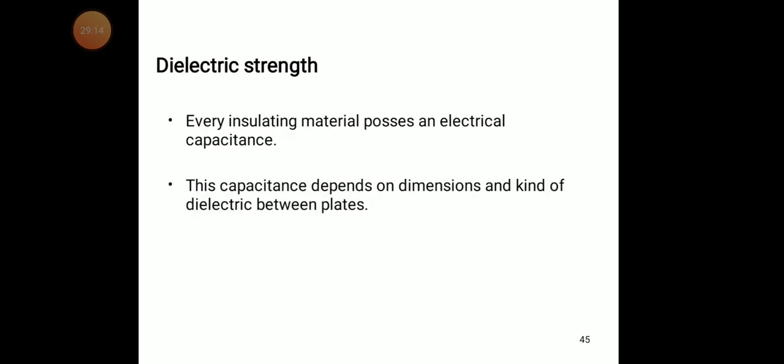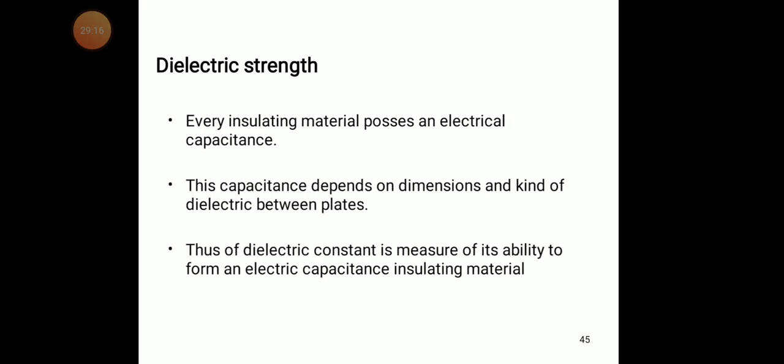Dielectric strength: you know that every insulating material possesses an electrical capacitance. This capacitance depends on the dimensions and kind of dielectric between the plates. What dimensions?